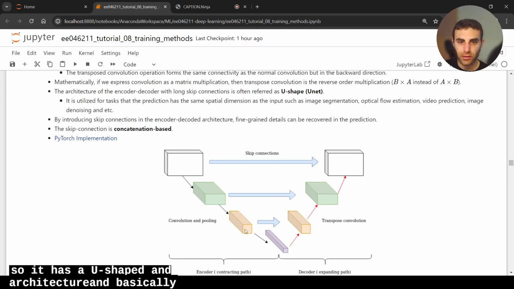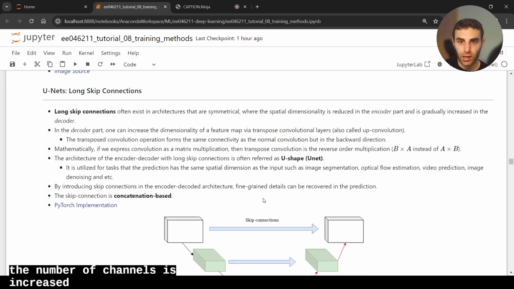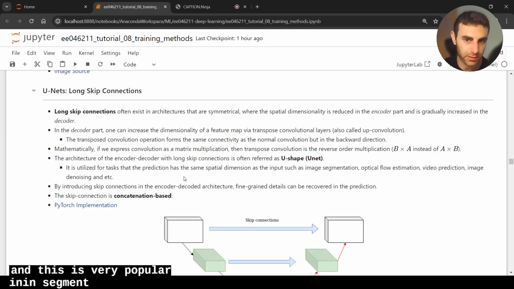Basically, in the encoder, we go down just like we always do. Then we have the bottleneck, and then we concatenate symmetrically across the layers. So in the decoder, the number of channels is increased. And this is very popular in segmentation tasks or image denoising tasks, right?